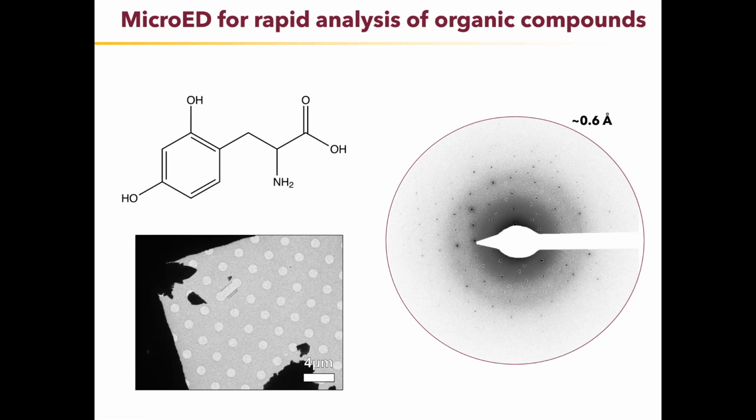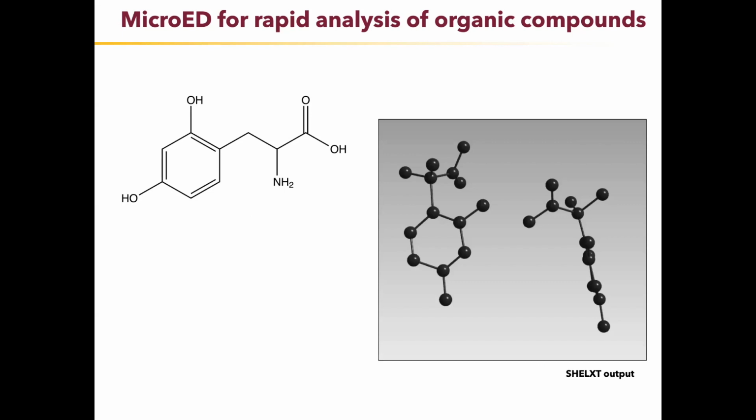We collected a few diffraction data sets, and then we ran this through SHELX to get a solution. We ended up with a solution that looks like this on the right side, where you can see that this carbon right here, which they expected to join the backbone to the ring, was missing.